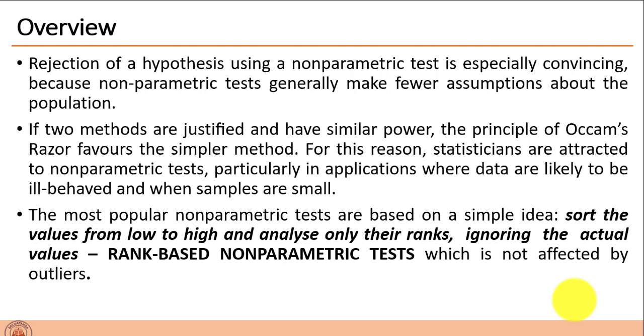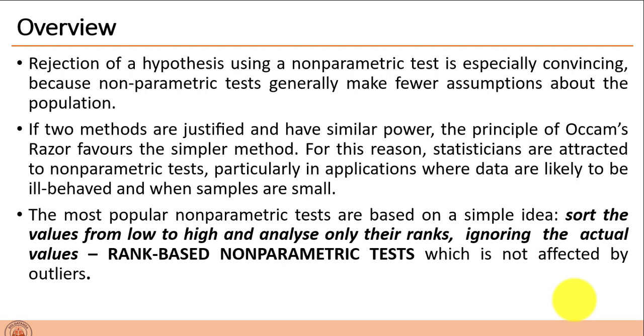If two methods are justified and have similar power, then the principle of Occam's razor favors the simpler method. So you can imagine if I have so many variables and so many conditions, if all of them are justified, definitely I would go for the one with the fewer variables and fewer principles, because I don't want to stress myself so much.